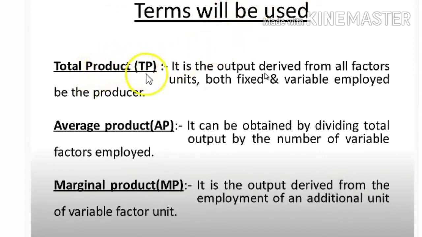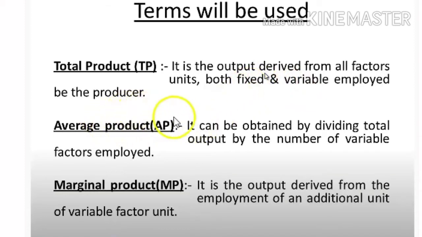First is total product: the output derived from all factor units, both fixed and variable, employed by the producer. The fixed factor is capital and the variable factor is labor. Capital has to be operated by labor, so we employ labor also.